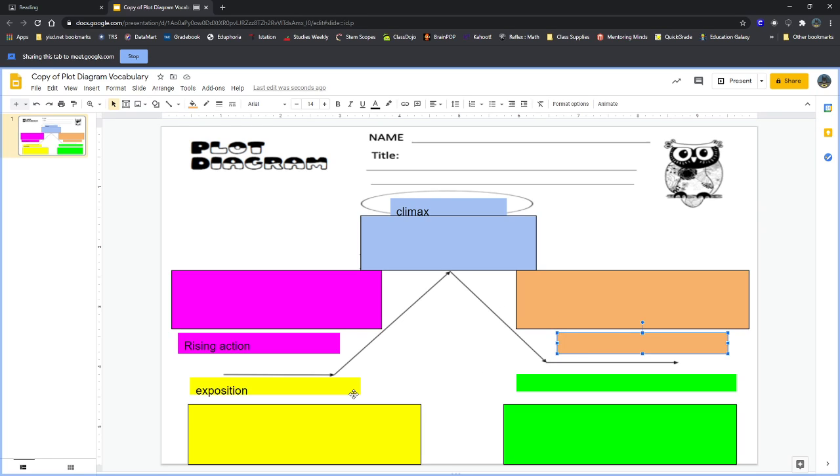The brown box is our falling action. And you can tell by what part of the plot diagram it's on. The rising action is when it's going up. Falling action is when it's going down. We're doing this together, JD.